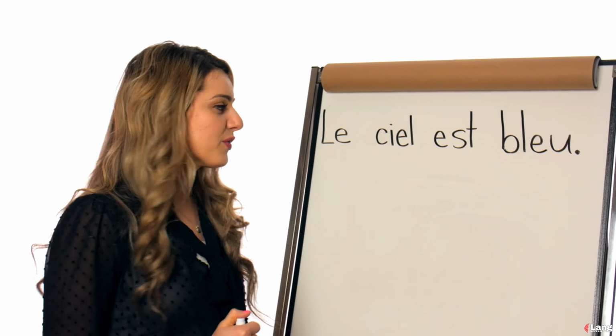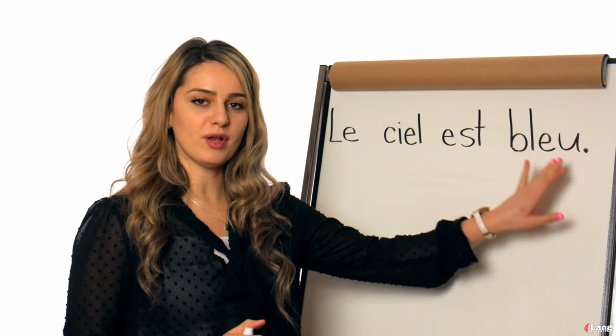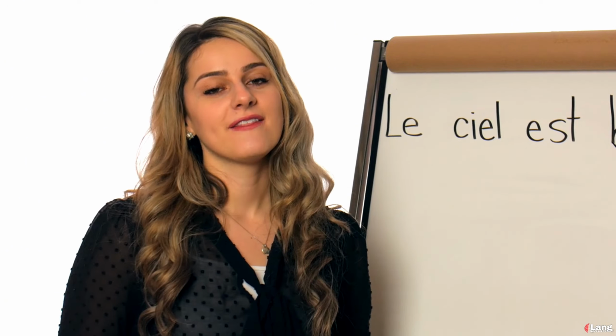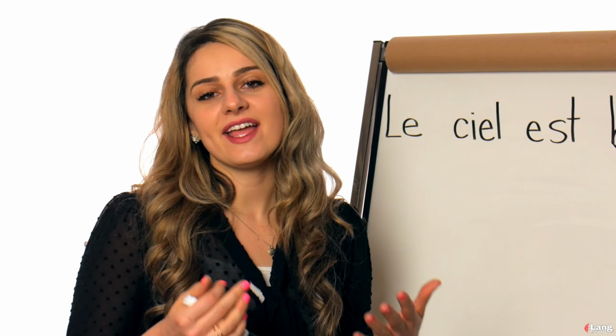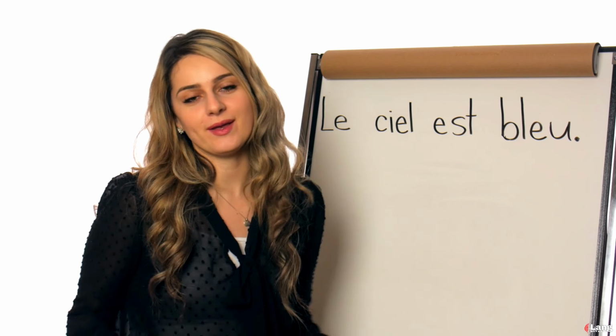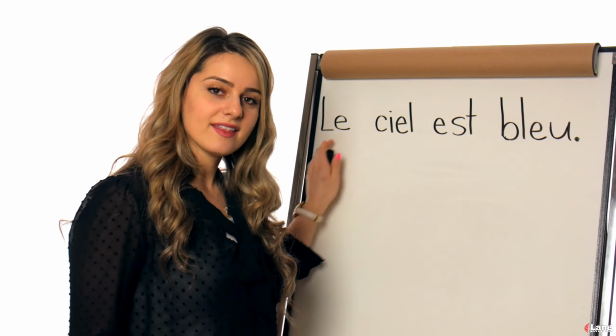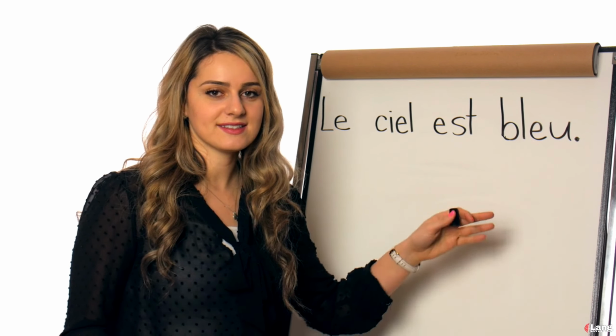So now I thought you're ready for the next step. Let's teach you a sentence. Right here, I wrote the following sentence. Le ciel est bleu. In English, this means the sky is blue. Now, bleu, we already know. It means blue. Le ciel est. The sky is.